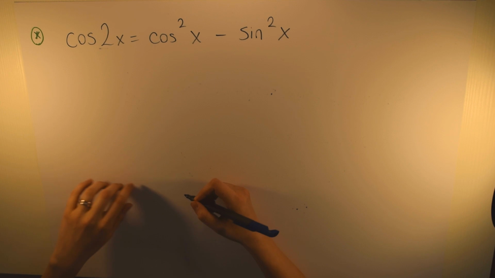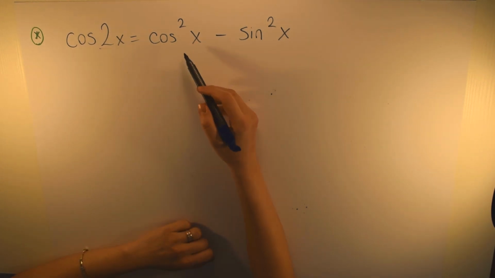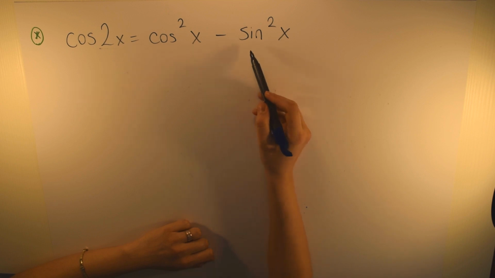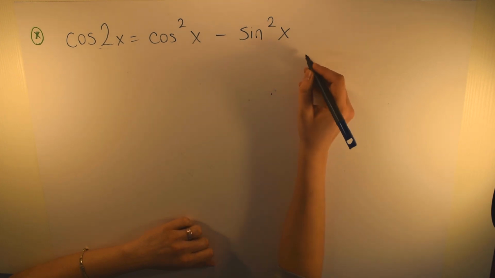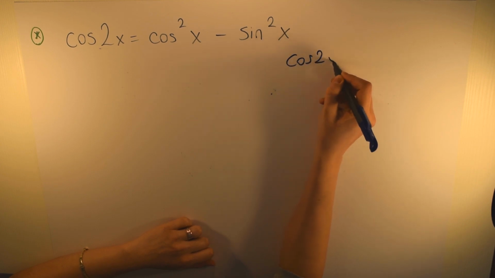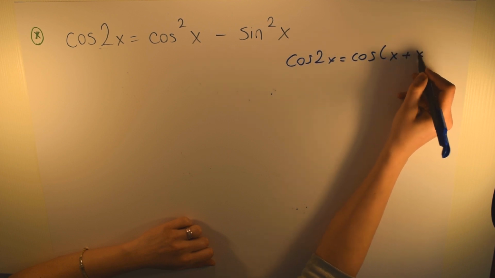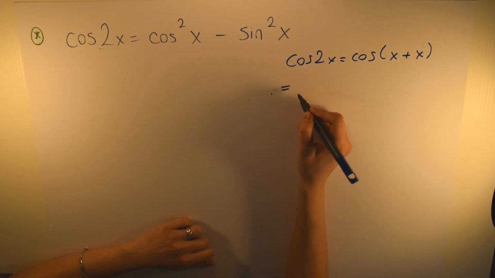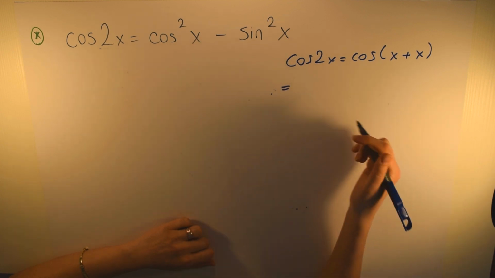Let's continue with our second formula. Here we have cosine 2x, which is equal to cosine square x minus sine square x. This formula also comes from the sum formula for cosine. How was it? Instead of cosine 2x, I write cosine of x plus x. Cosines are on one side and sines are on the other side, right?